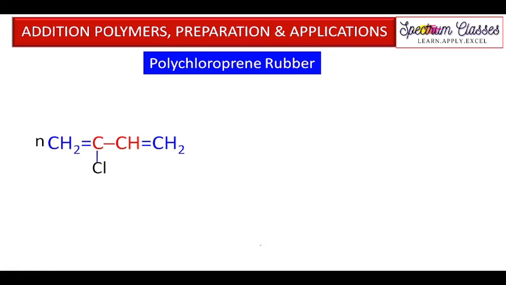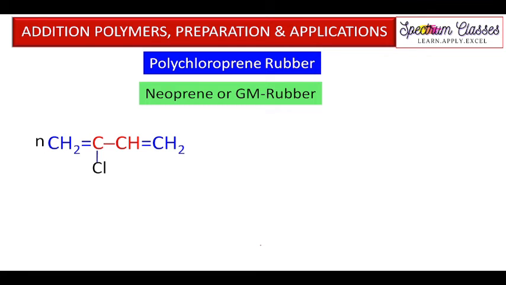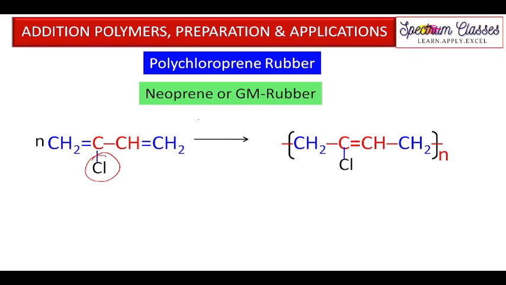The next rubber is polychloroprene. This polychloroprene is also known as neoprene or GR-M rubber. So what is that polychloroprene or neoprene? Here chlorine is attached in place of CH3. Rest of the unit is same. Now it forms a polymer. So what happens? This double bond is broken down and forms a new double bond inside these two center carbons, and extensions on the terminals.